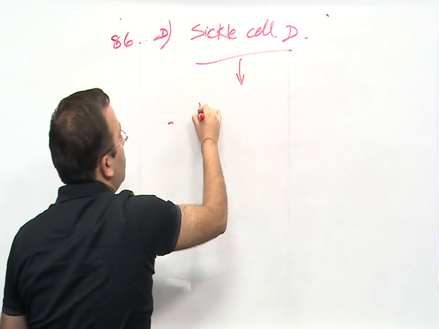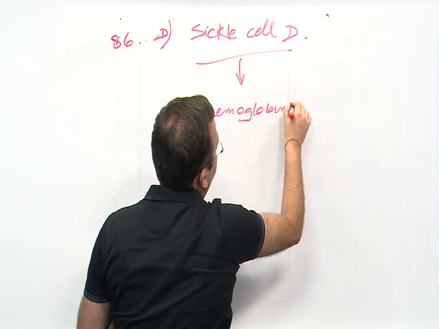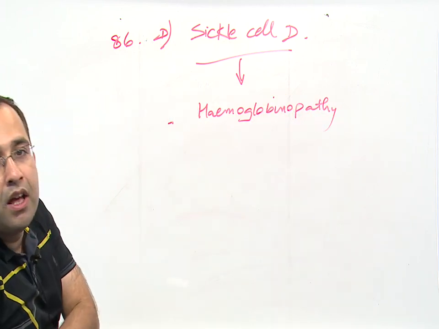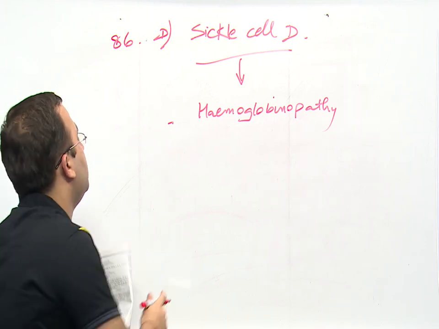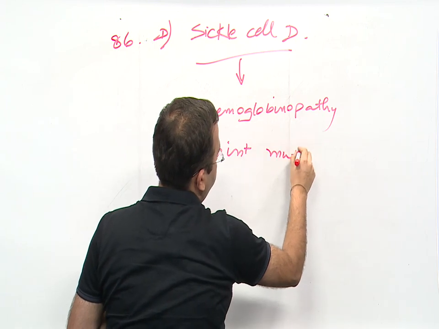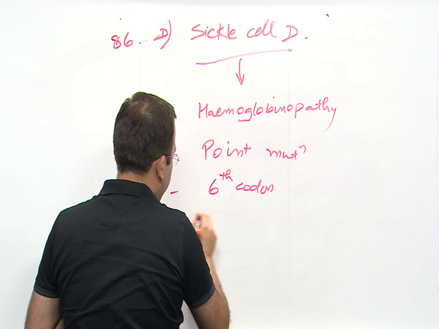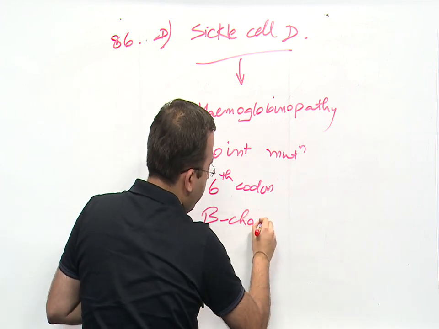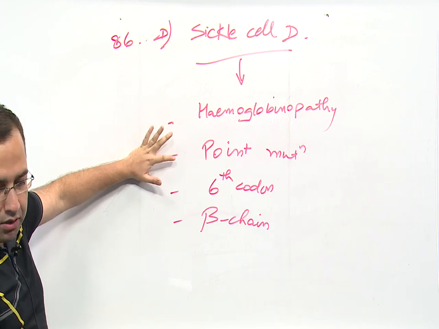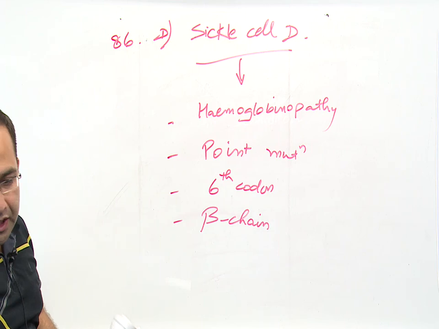You very well know sickle cell disease, it is a hemoglobinopathy associated with a point mutation in the 6th codon of the beta chain.